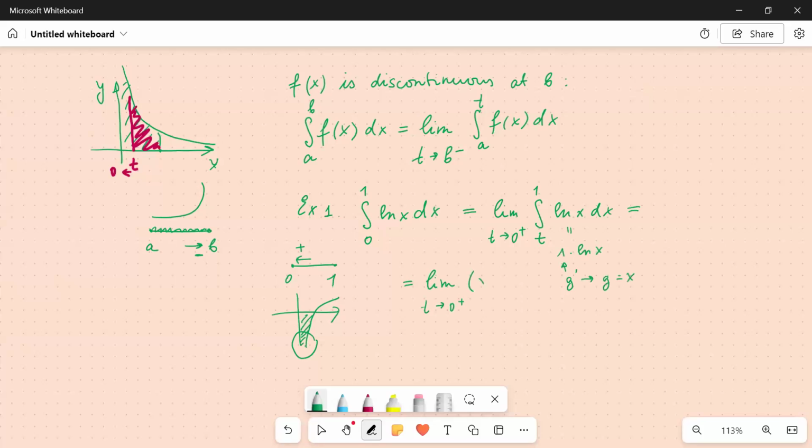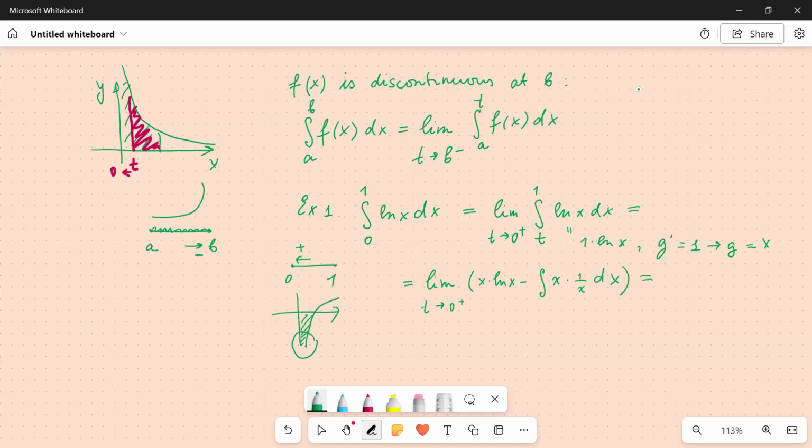So we are going to have x ln of x minus, sorry, I'm going to erase this and write it down over here: 1 multiplied by ln of x, and I'm going to put a comma, g prime equals 1, then g equals x. Minus, now we copy g, and we need to differentiate ln, which is going to give us 1 over x dx.